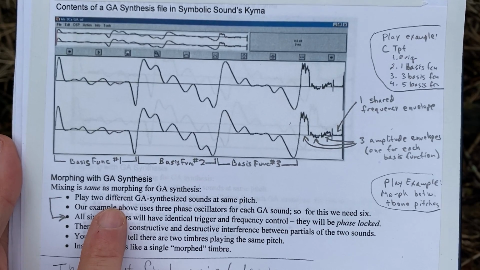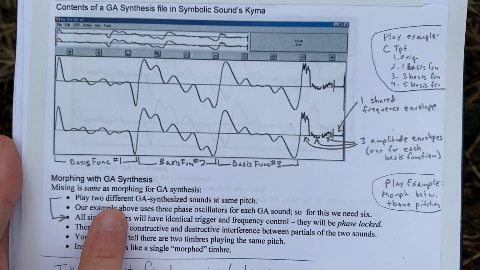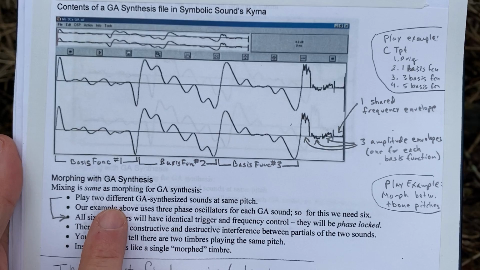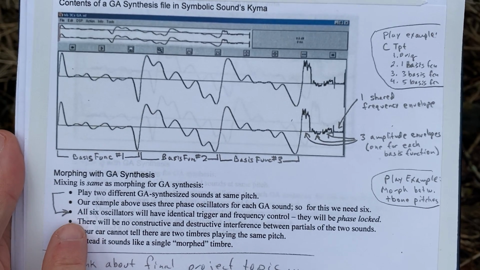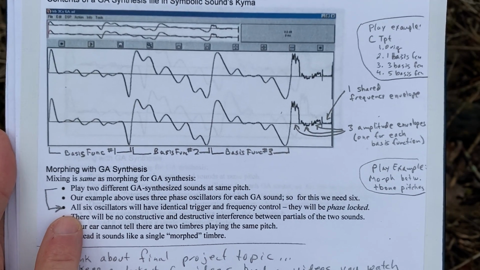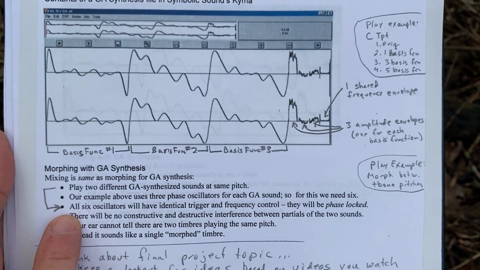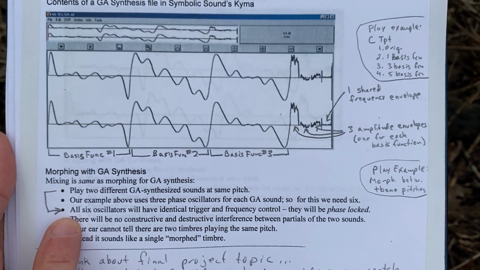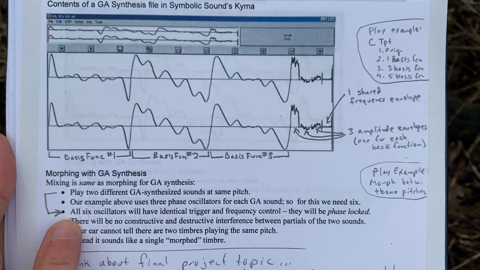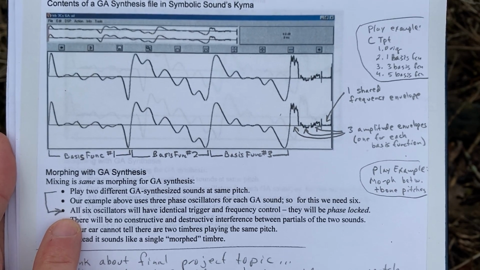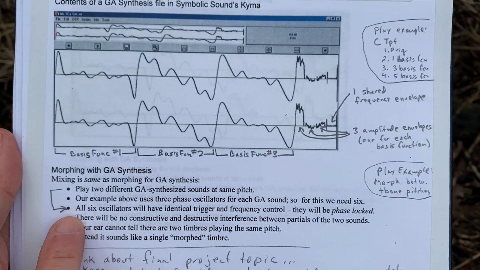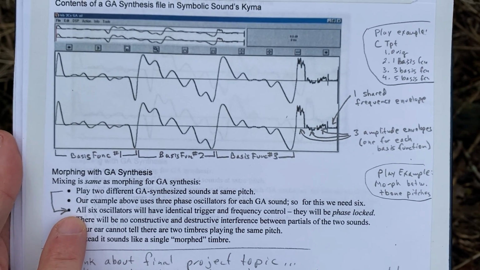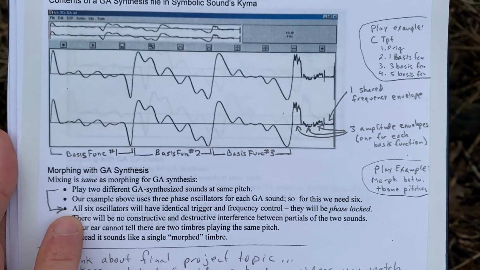If you play all those wavetables back at exactly the same frequency, you don't get constructive or destructive interference. All the 6 oscillators, 3 for the originally high note and 3 for the originally low note, if you change them all to have the same frequency as each other, then they'll be phase locked, or frequency locked. There won't be any constructive and destructive interference.